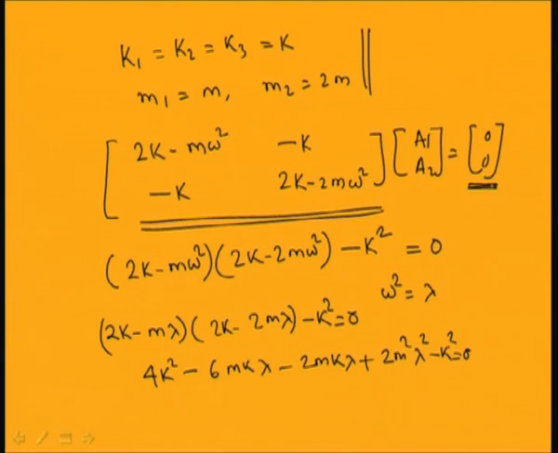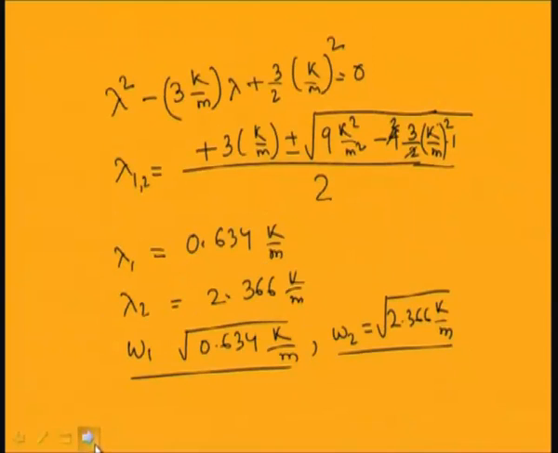So, taking any of this equation, you can find the relation between a1 and a2. Taking this first expression, you can write (2k minus m omega square) a1 minus k2 a2 equal to 0, or a1 by a2 you can write in this form.